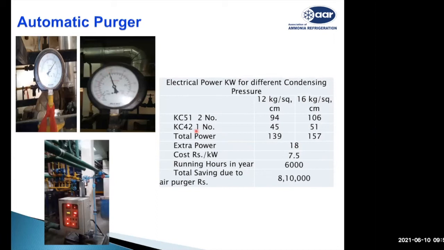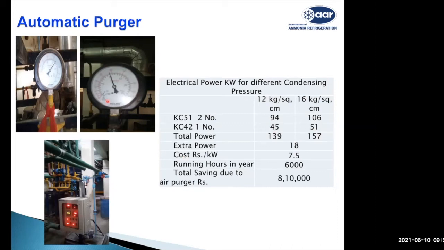With the two-stage multiple compressors in this particular plant, 16 kg was the earlier pressure, then it went down to 15 kg. The power requirement came down from 106 kilowatt to 94 kilowatt, and from 51 kilowatt to 45 kilowatt. So the total power requirement was 139 kilowatt instead of 157 kilowatt.